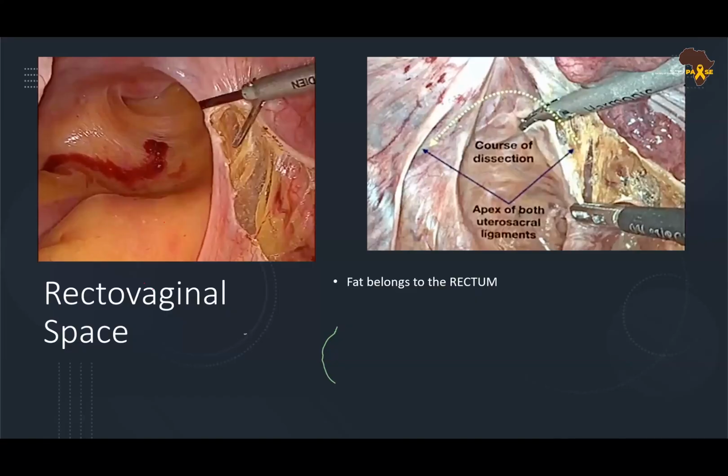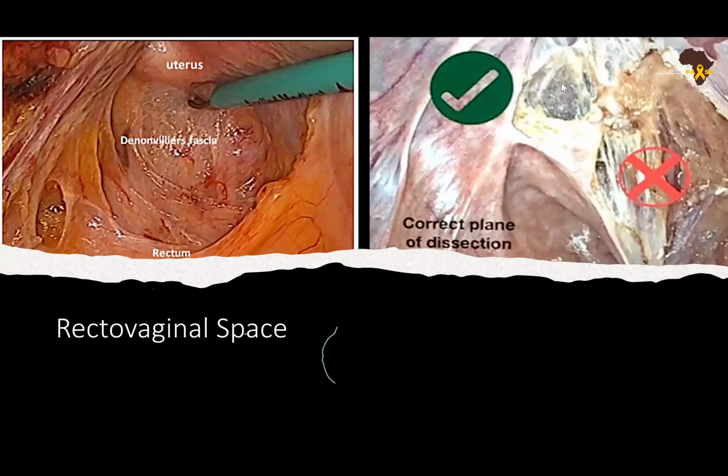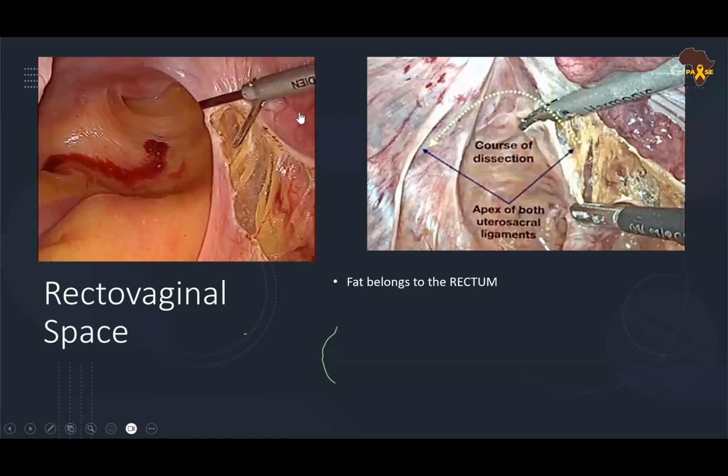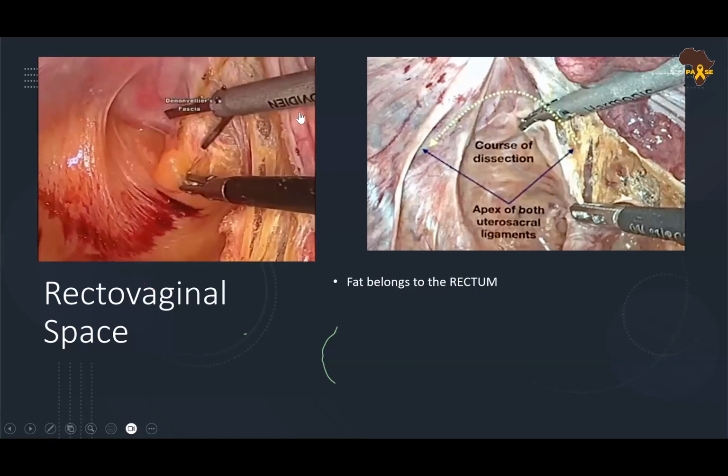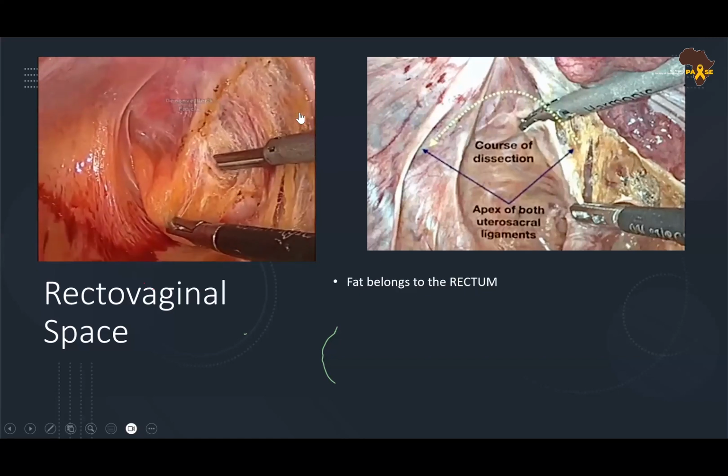It's important to understand that when you open this space and you see fat, do not dissect into the fat. That's where you will start getting bleeding. You'll have to go above the fat, because the fat in this area belongs to the rectum. So there is no fat over the vagina in this area.